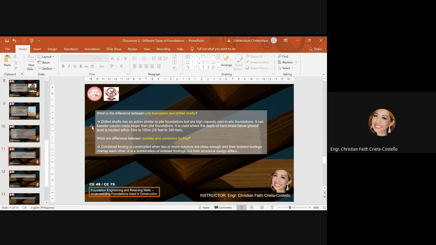They are used where the depth of hard strata below the ground level is located within 10 meters to 100 meters, or 25 feet to 300 feet. So it simply means that drilled shafts are deeper compared to pile foundation, and the soil dealt with is harder than for pile foundation, because drilled shafts already use the auger tool, the tool with the helical bit, to bore holes.